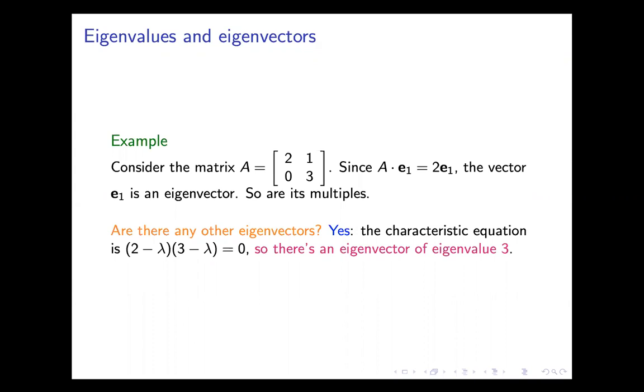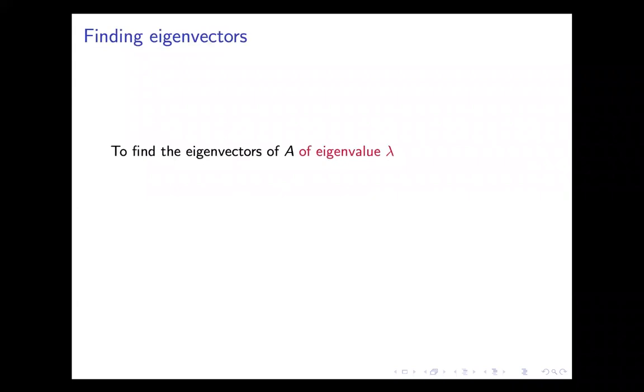One solution we already talked about: the eigenvalue lambda equals 2, and the eigenvector is E1. So what is the corresponding eigenvector for the eigenvalue 3, which is the second solution? In order to find the eigenvectors of A for eigenvalue lambda, it means to solve this equation, right?